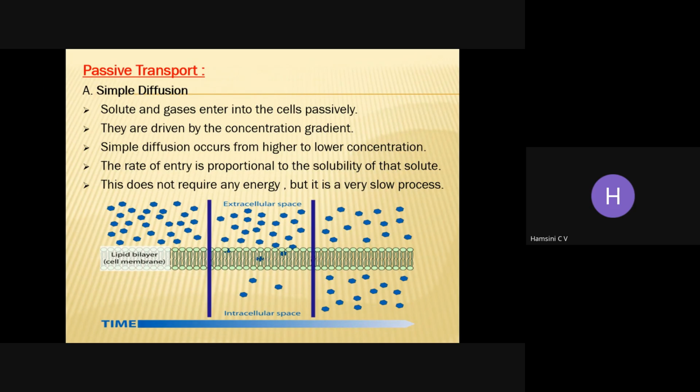So this is the diagram of the diffusion which you can see. This is how the diffusion of molecules takes place. Usually diffusion is for solute and gaseous molecules which move passively, means it doesn't require any energy. That's why we call it passive transport.